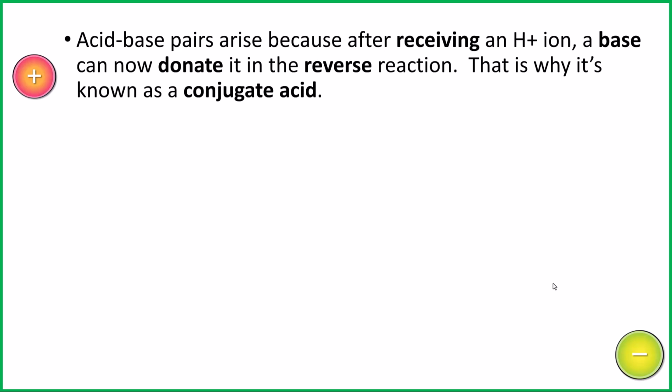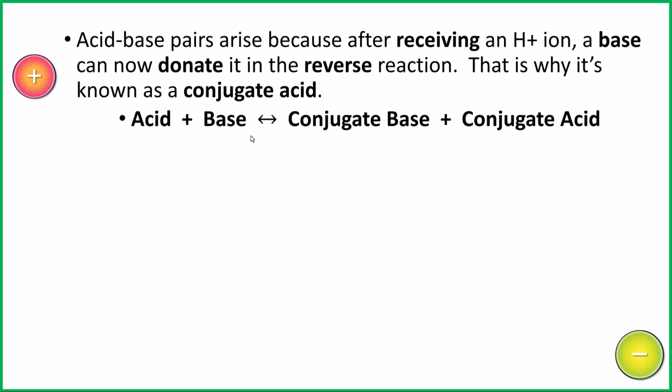Acid-base pairs arise because after receiving an H+ ion or hydrogen ion, a base can now donate it in the reverse reaction. So I just mentioned that. That is why it's known as a conjugate acid. So it's sort of a temporary acid until it donates that hydrogen ion again.